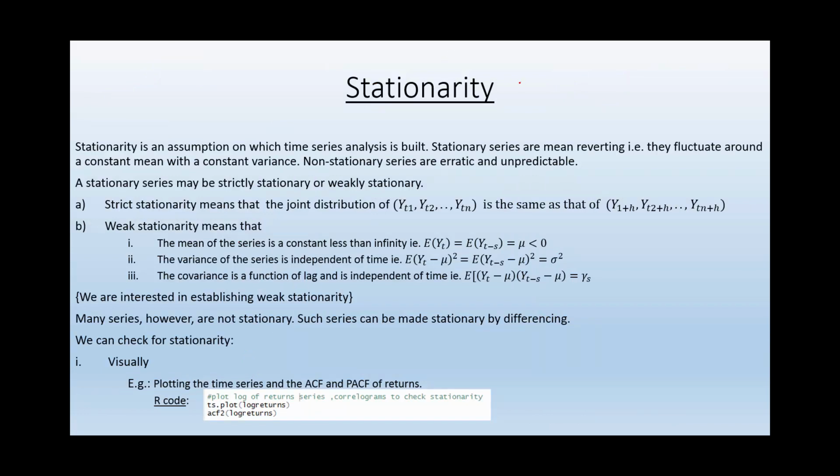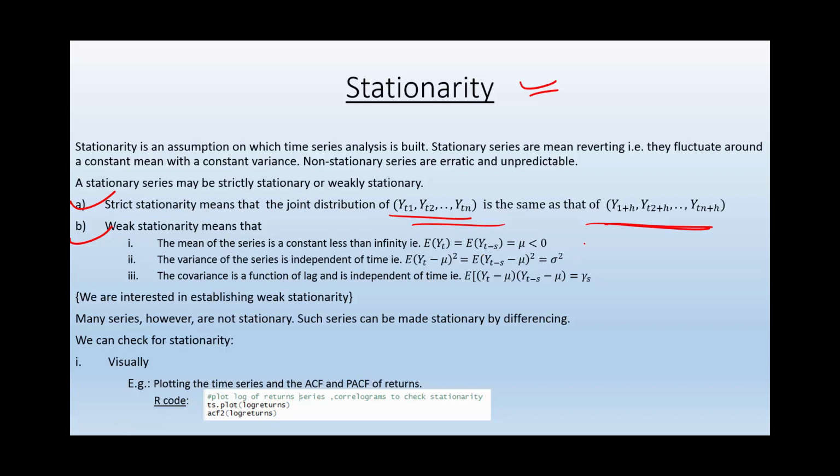So the first step is checking stationarity. If you're familiar with the ARIMA model, you must know what stationarity is and how you ensure that the series is stationary. There is strict stationarity and weak stationarity conditions. Joint distribution should be similar, so that's your strict stationarity. And then you have weak stationarity.